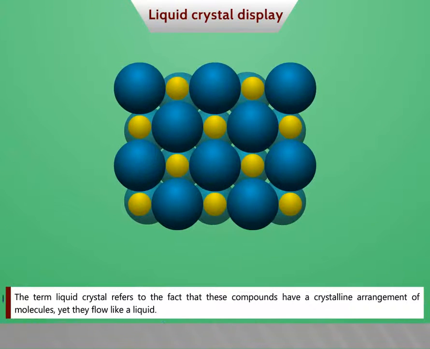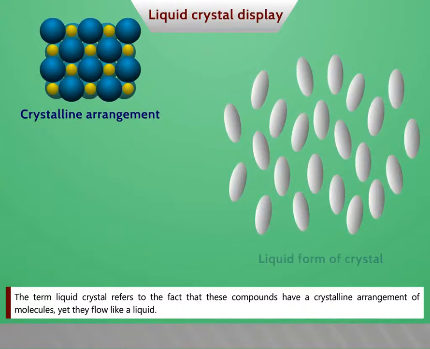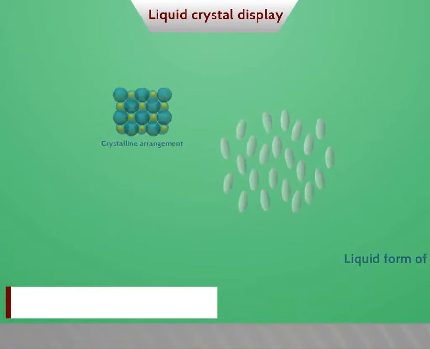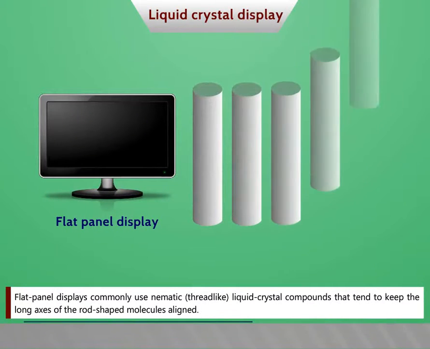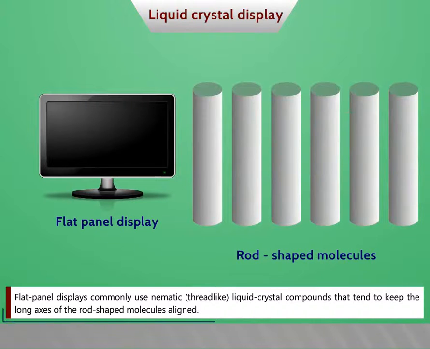The term liquid crystal refers to the fact that these compounds have a crystalline arrangement of molecules, yet they flow like a liquid. Flat panel displays commonly use nematic, that is thread-like, liquid crystal compounds that tend to keep the long axis of the rod-shaped molecules aligned.